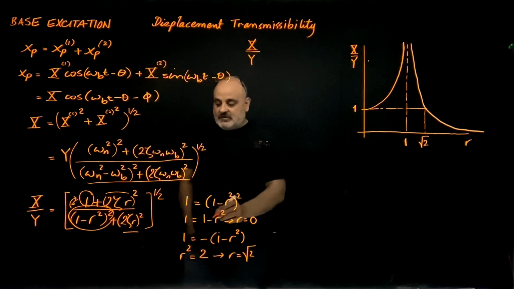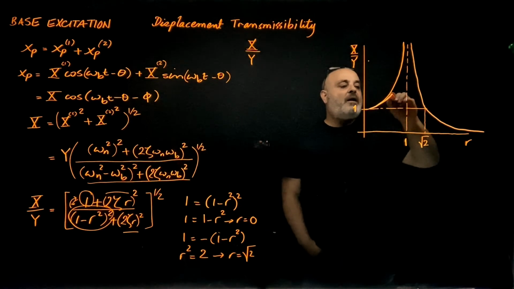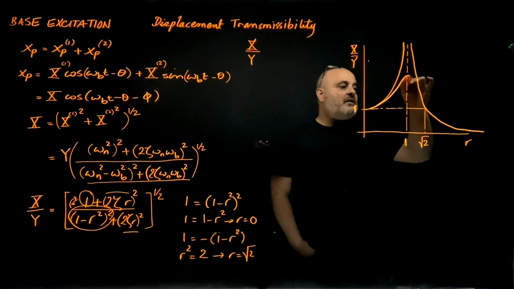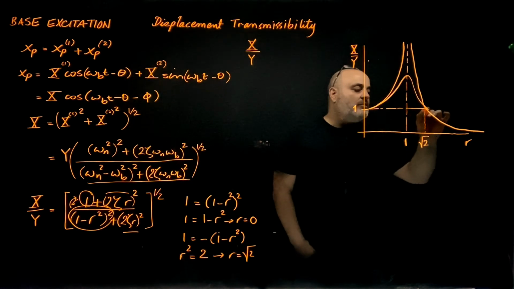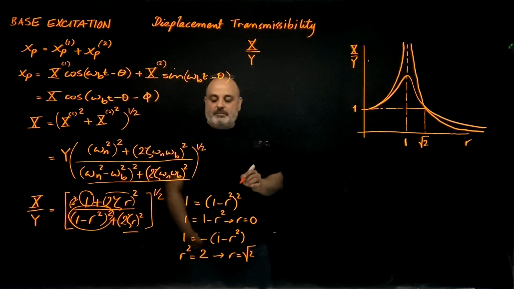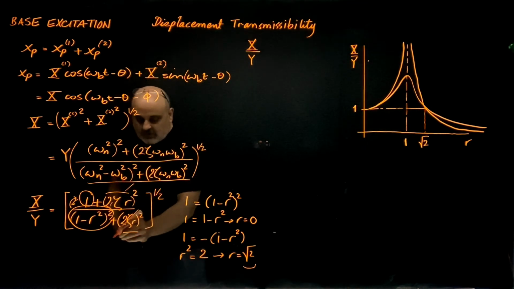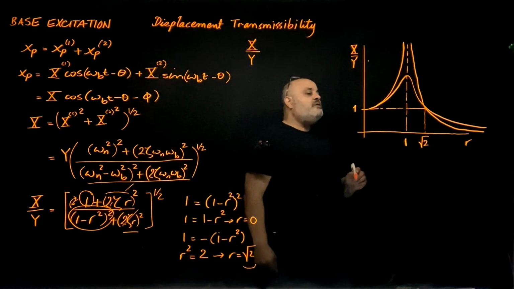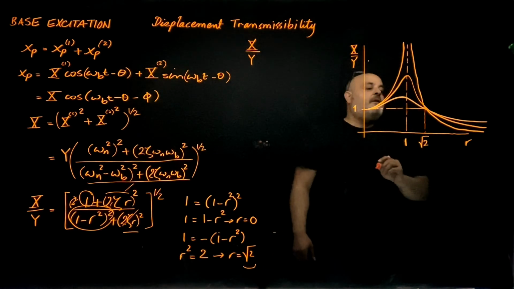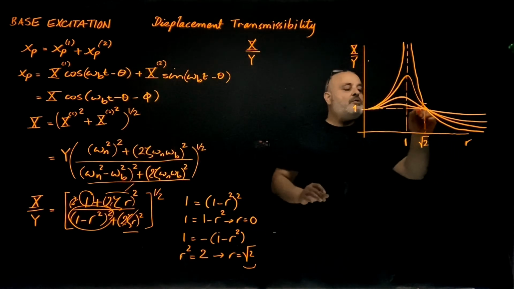Now, as zeta increases, introducing damping into the system, the maximum point will be reduced because of damping, but it will still have to pass through this same point of transmissibility 1, because at r equals square root of 2, regardless of what zeta is, these two terms will cancel, and the transmissibility is 1. So as you increase the damping, this is how it occurs, and they all pass through this point.